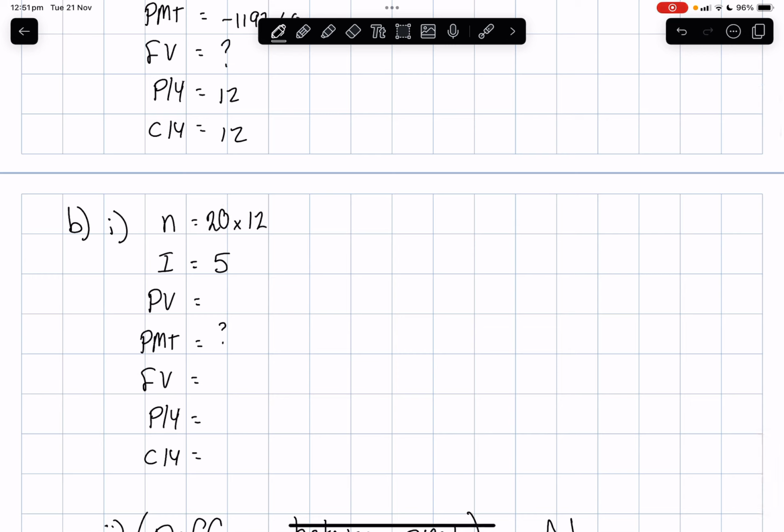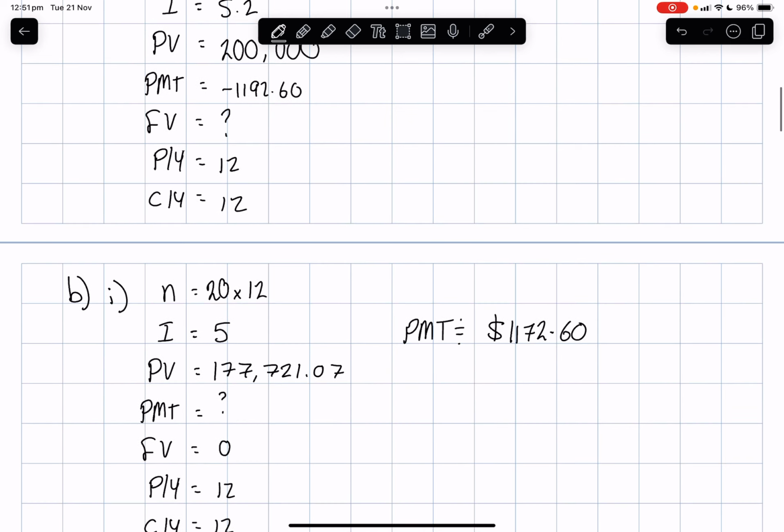My PV becomes my future value from the question before, 177,721.07. Future value we want to be 0, and we're still looking at 12 and 12. So my new monthly payment after changing banks is approximately $1,172.60. So $20 less than it was originally.